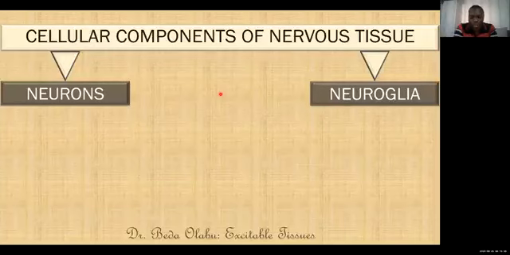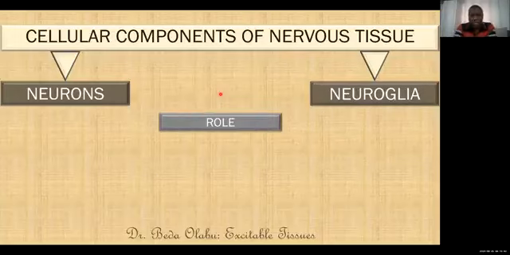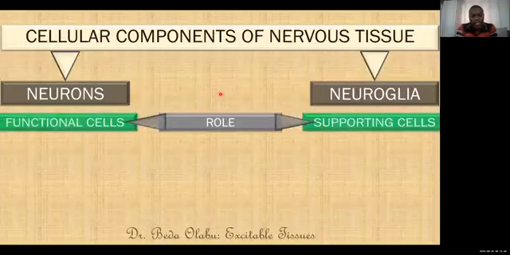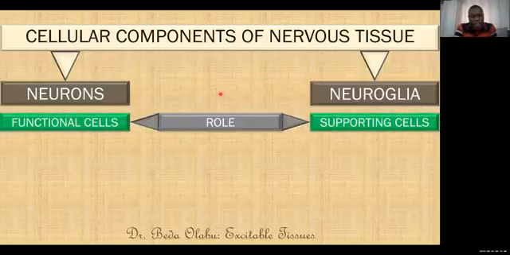These are the 2 cellular components of nervous tissue. Neurons are considered the functional cells of the nervous tissue. On the other hand, the neuroglial cells are considered the supporting cells of the nervous tissue.